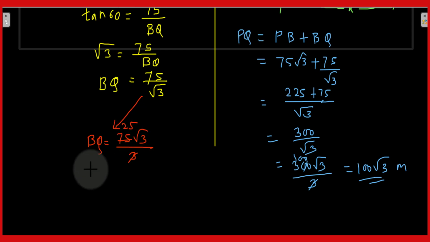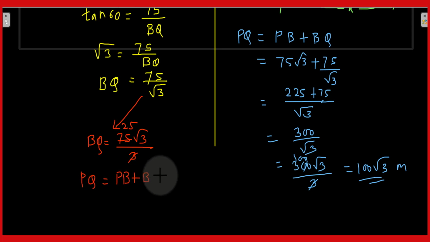Then PQ equals PB plus BQ, where PB we have got as 75 root 3, plus BQ, that is 25 root 3.